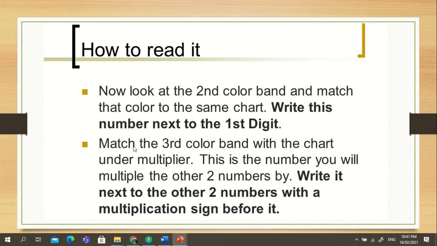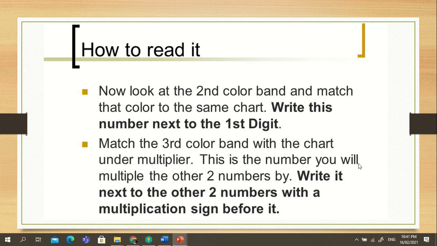And the third one is to match the third color band with the chart under multiplier. This is the number you will multiply the other two numbers by. All right, there's a mistake here.